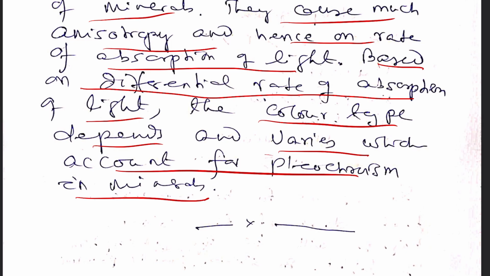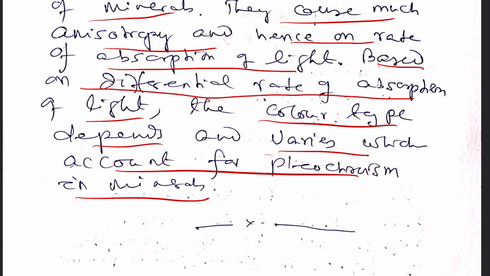So it can be summarized that pleochroism is a phenomenon of minerals by which they show a qualitative or quantitative change of color when observed in plane polarized light by rotating the stage of the microscope through an angle of 90 degrees.